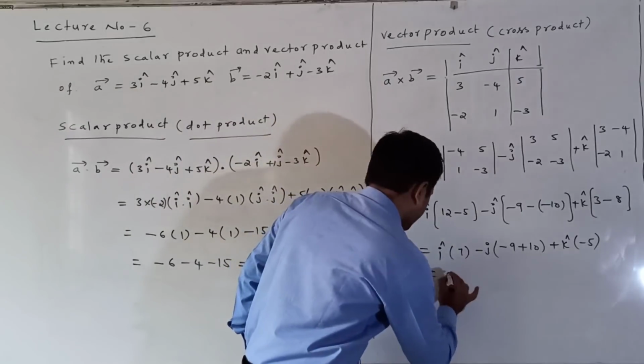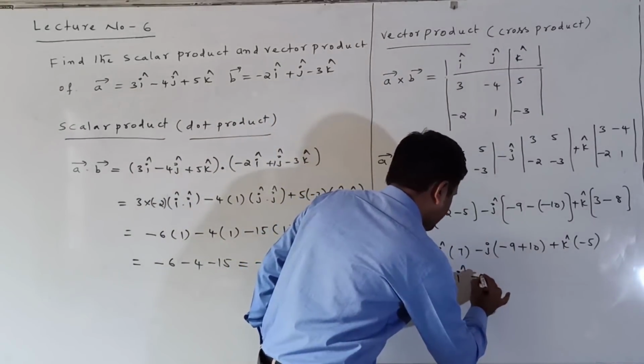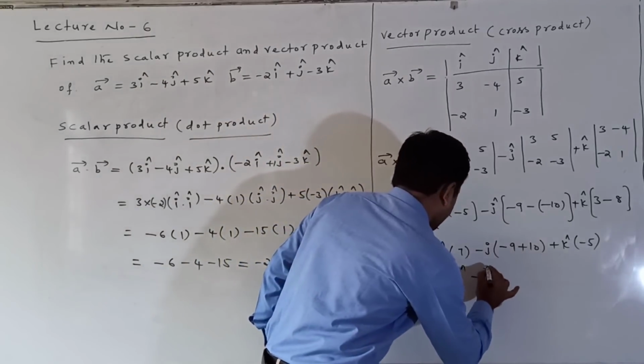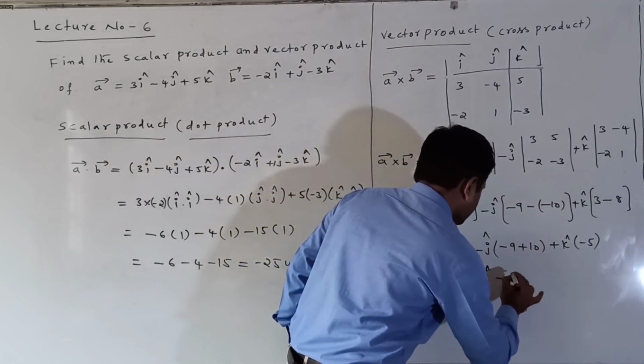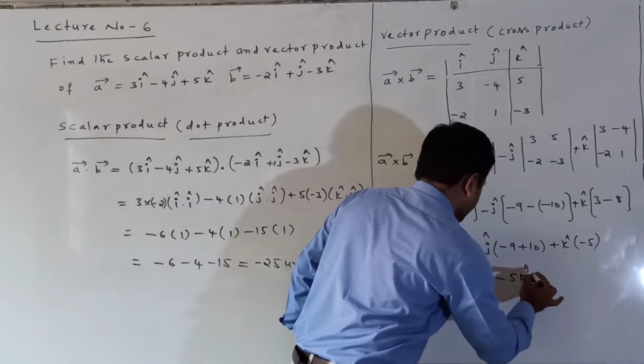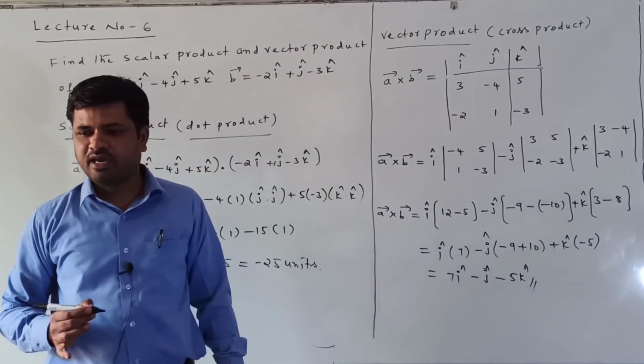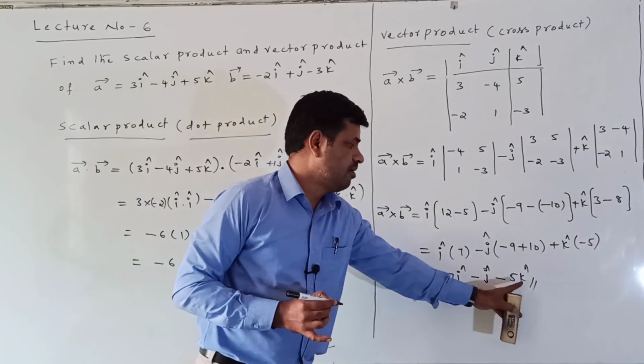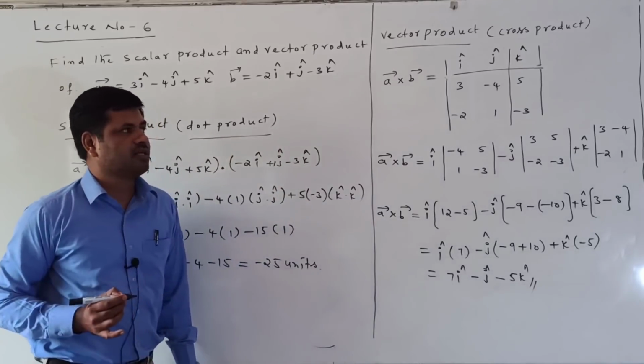Here 10 minus 9 is equal to 1, so minus j cap, and minus 5 k cap. This is the answer: 7 i cap minus j cap minus 5 k cap, when finding a bar cross b bar.